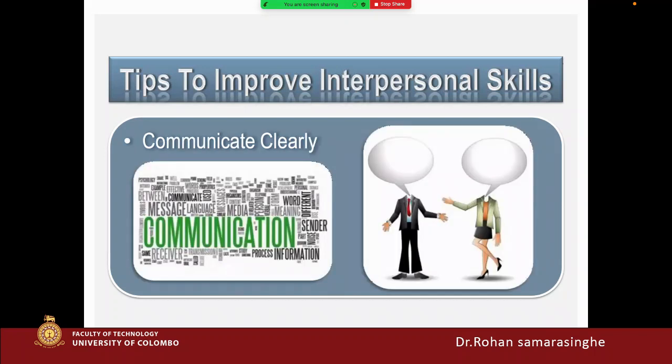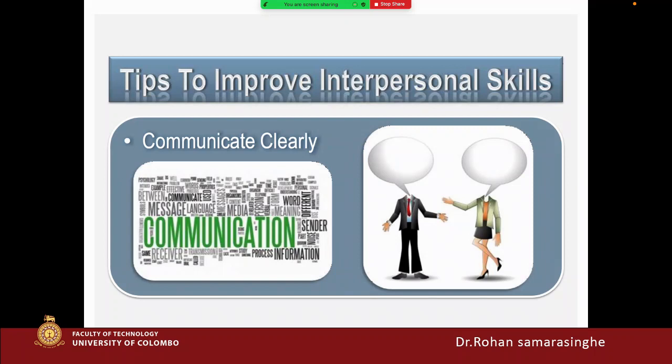And also communicate clearly. Communication is very, very important. When you speak, you can use a convenient language, whether it is Sinhala or English; that is not a big problem. When you speak, you have to be comfortable and simple, normally called short and sweet, and not harm others with your words. Also speak continuously, without pauses between the words.